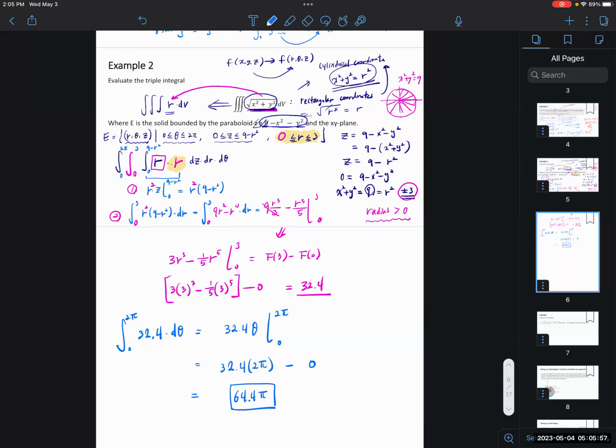So we convert to cylindrical coordinates, r, theta, z, so that it's easier to find the interval for theta and for z, because it's given right there. And then it's easy to find the radius r because it's a circle equation. By utilizing cylindrical coordinates, you can finish up the triple integral.